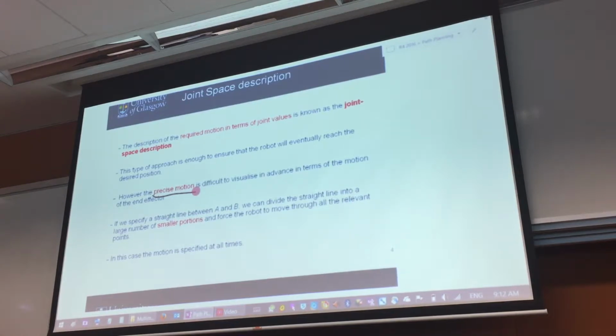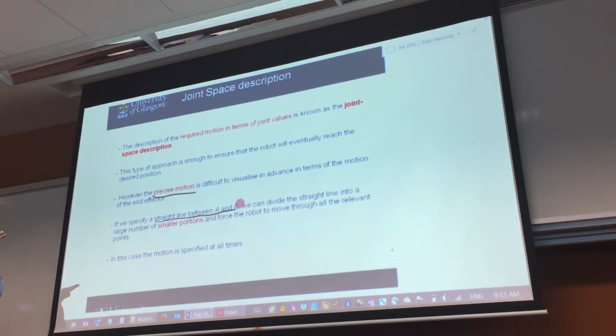And for joint space description, if we are going to travel in a straight line from A to B, we can divide that straight line into smaller number of proportion. So what that means is that if I want this to move from this position A to that position B, I will define how, between this A and B, I want to divide it into smaller number of proportion in order for it to move step by step into that new position.